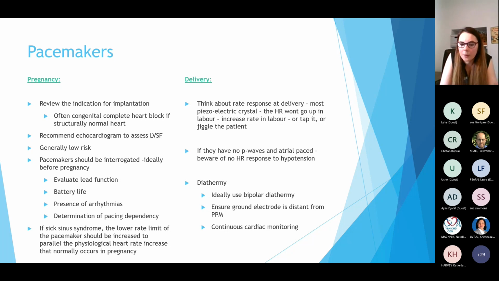The magnet should be placed over the device continuously, not to be removed, because once it's removed, it goes back to original settings. Although it will inhibit shocks, it won't affect the bradycardic pacing if it is required, but it will go back to asynchronous pacing, so will no longer sense.